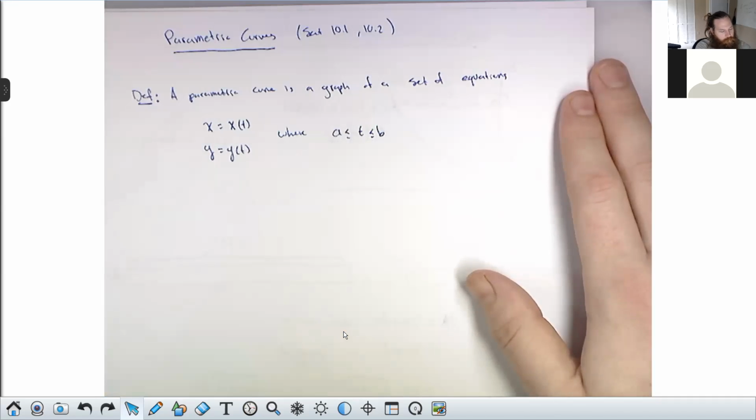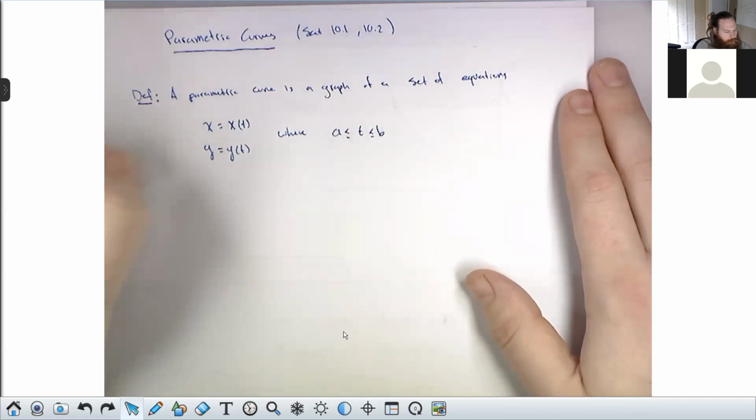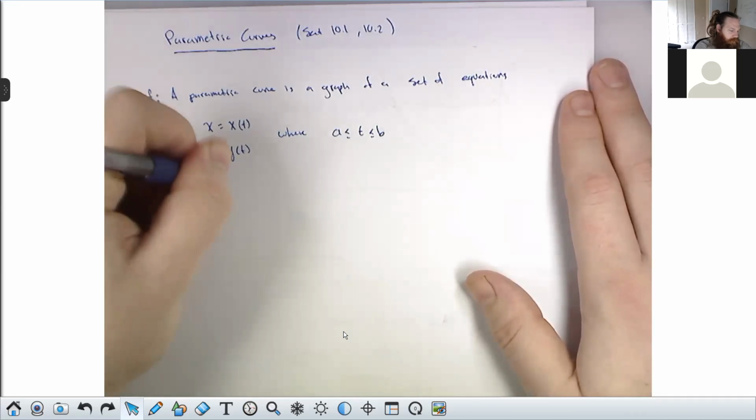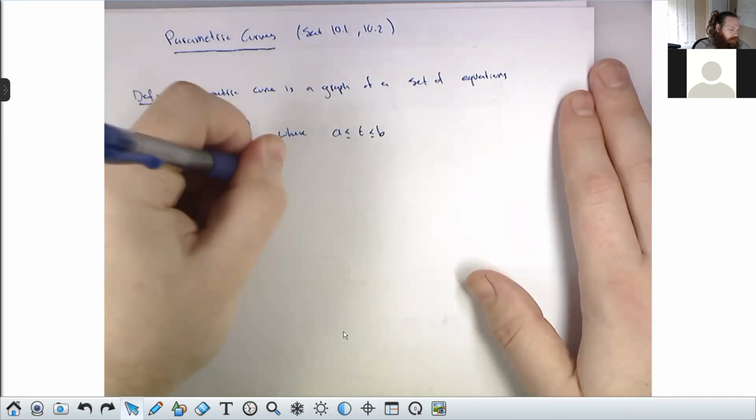I'm going to write them as less than or equal to for now, which are called parametric equations.